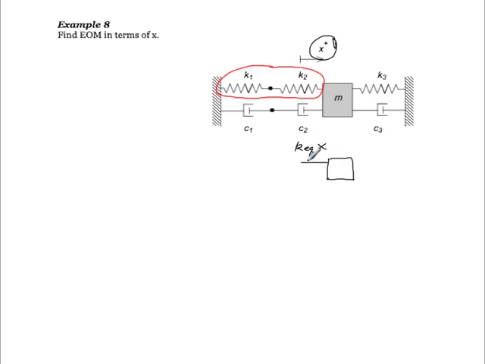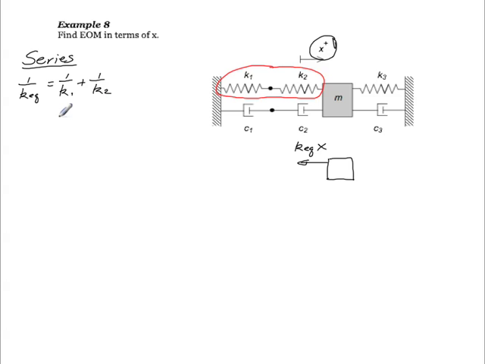When x is plus, the arrow goes like that. What is K equivalent? Well, recall that for a series connection like that for the springs, we have 1 over K equivalent is equal to 1 over K1 plus 1 over K2. Springs in series, the inverses add together to give the inverse of K equivalent.